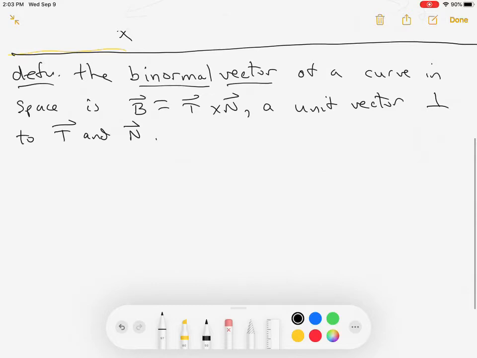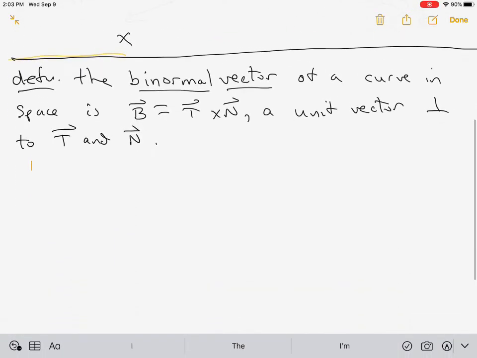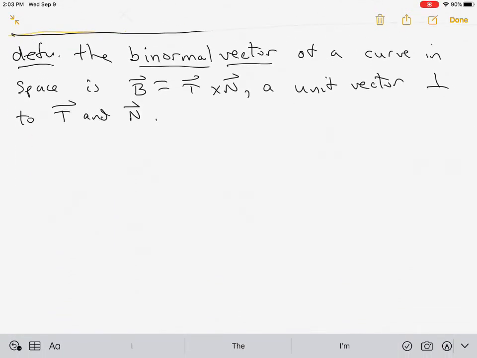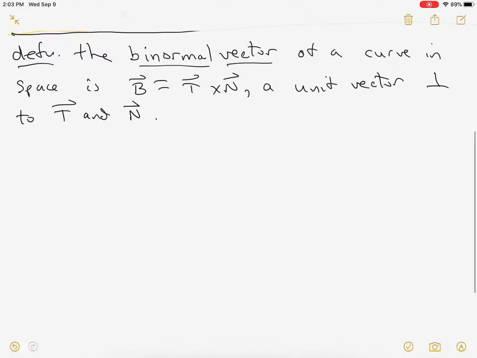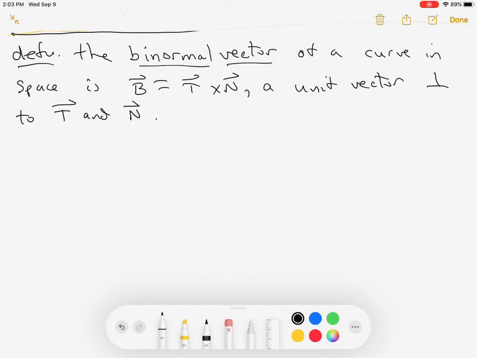And let's get a handle on this thing, because we want to see how we can compute it. And this will be awesome. All right, here we go.